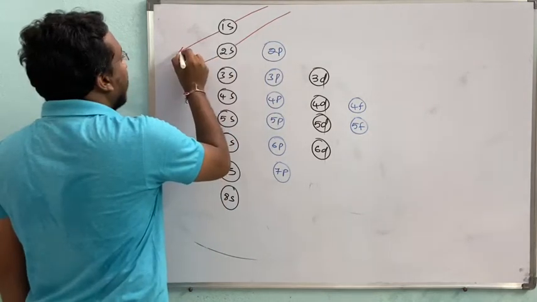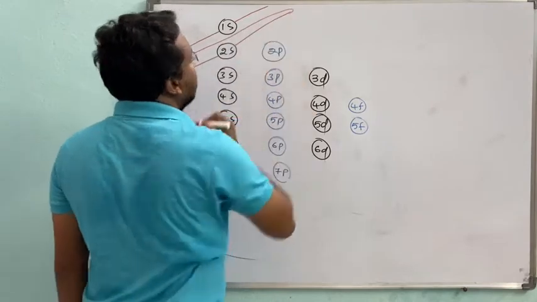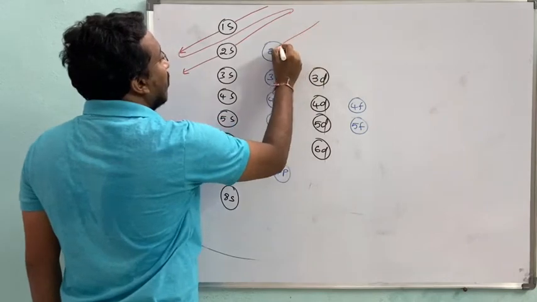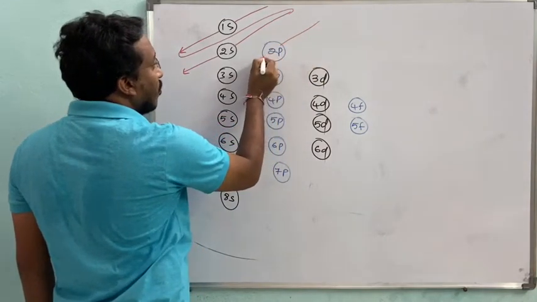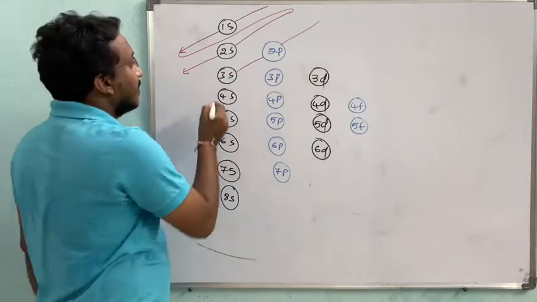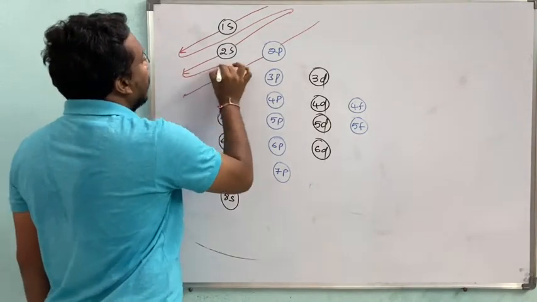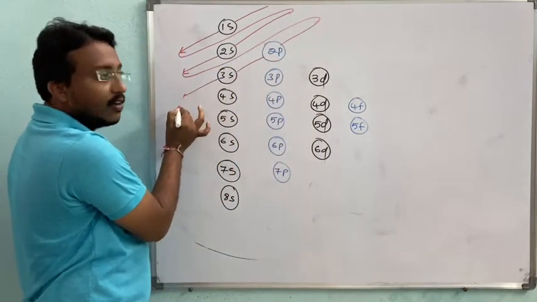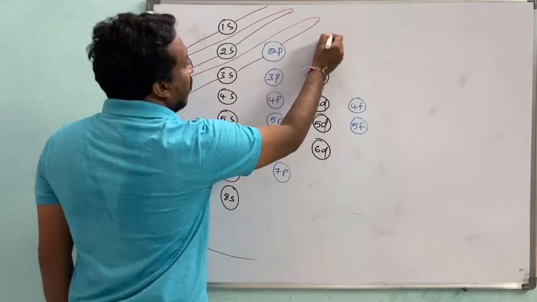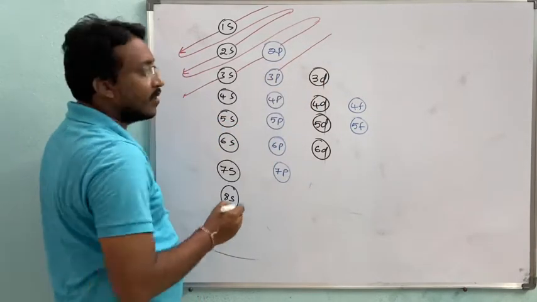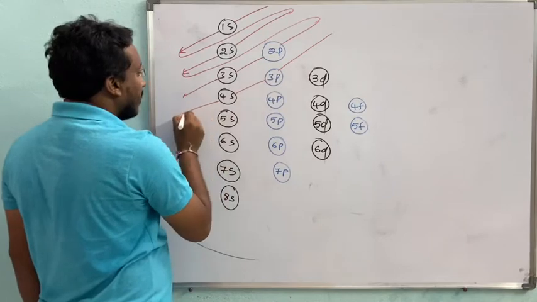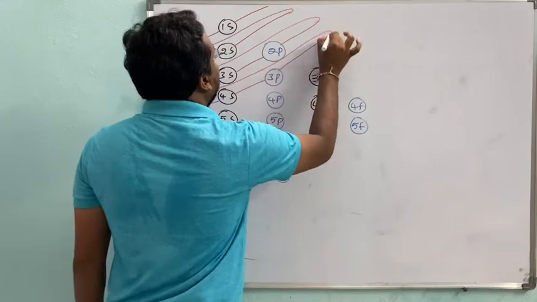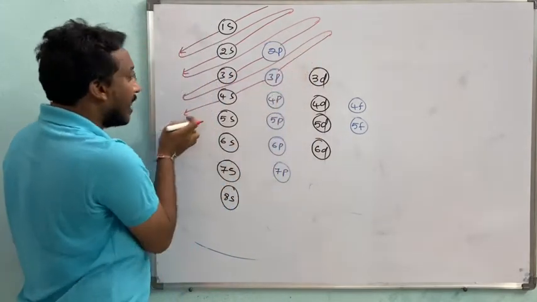First it enters 1s, then 2s, and after 2s the electron filling is done in 2p and after that 3s. After 3s the electron fills in 3p and after that 4s. So we start filling the electrons from after 3s: 3p and 4s.